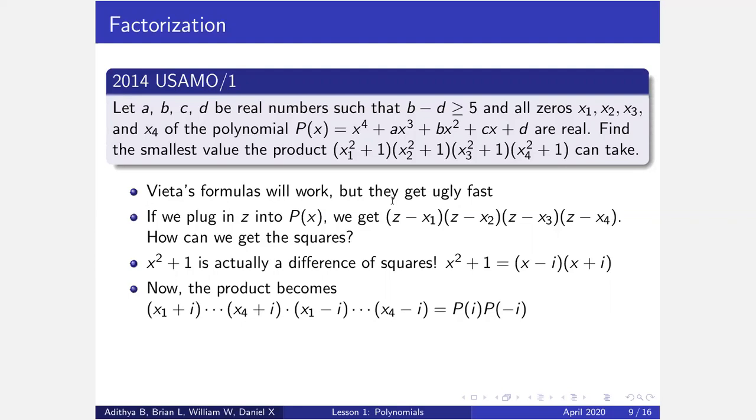So now we just have to plug i and negative i into the original polynomial P of x in its expanded form. We first find P of i, and P of i is 1 minus b plus d plus c minus a times i, right? This is just using i and the fact that i squared is negative 1.